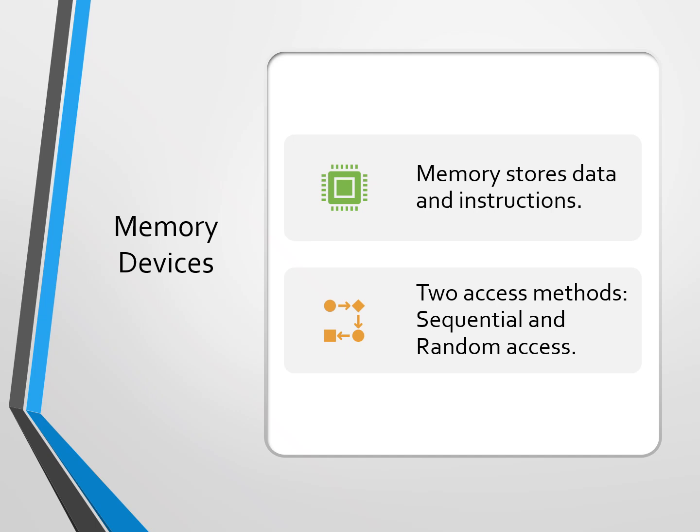Give me some examples of memory devices. It could be, what, flash drive is a memory device, right? The pen drive. What else? Hard drive, that is a memory device. What else? External hard drive, internal hard drive, and so on.